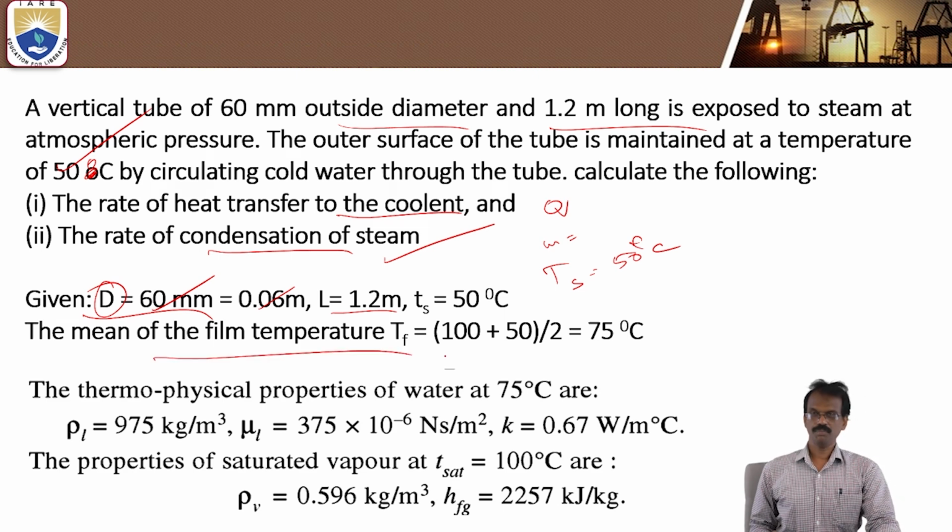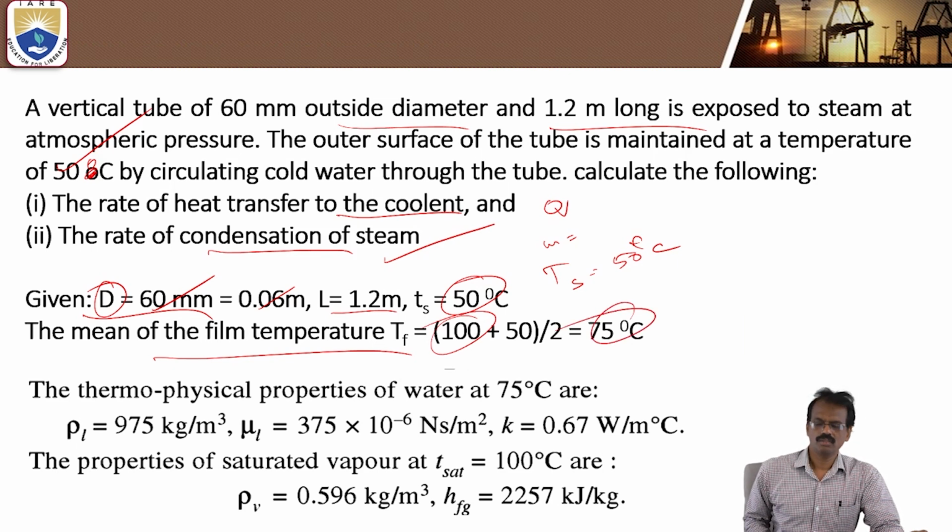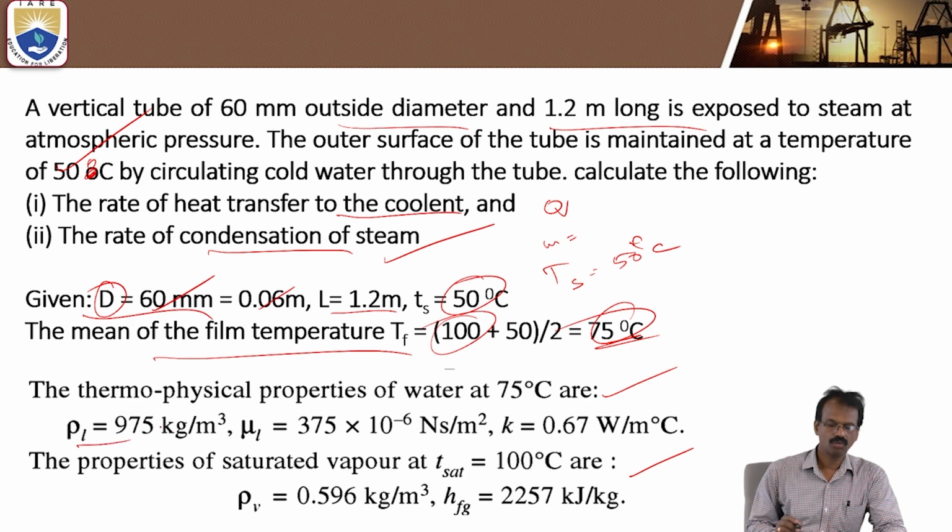Then the mean temperature of the film. You know the surface temperature and the saturation temperature of the liquid: 100 plus 50, divided by 2, so 75 degrees is the value. At this temperature, we can take the properties of the water and the steam. These are the properties of the water: liquid density, dynamic viscosity of the liquid, and thermal conductivity of the liquid.